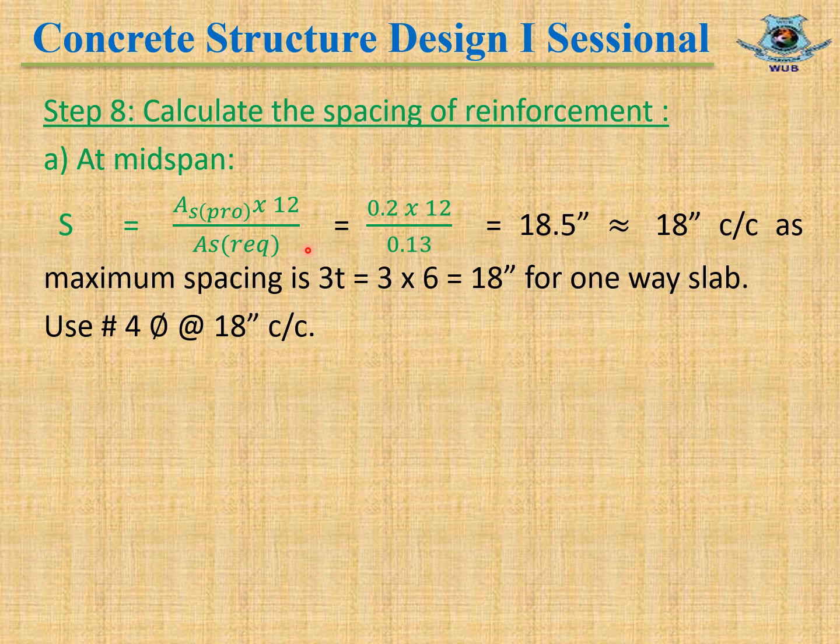So As provided equal to 0.20 inch square, and As required is the calculated steel area, 0.13 inch square. Substituting all values, we get spacing s equal to 18 inch center to center. Because maximum spacing is 3 into slab thickness equal to 3 into 6 equal to 18 inch for one way slab. Use number 4 bar at the rate of 18 inch center to center.